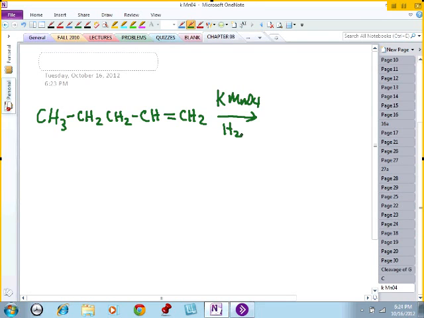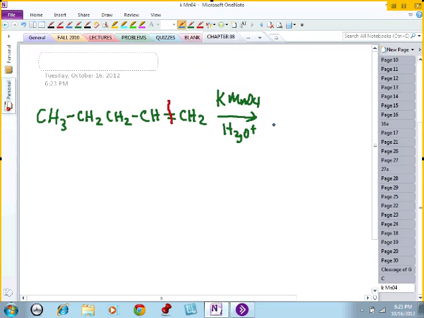In this case, you have a terminal carbon-carbon double bond. In other words, the carbon-carbon double bond is at the end of the chain, in which this carbon is attached to 2 hydrogen atoms. In that case, what is going to happen is you are going to cleave this. This becomes a carboxyl group, and this carbon here becomes carbon dioxide.